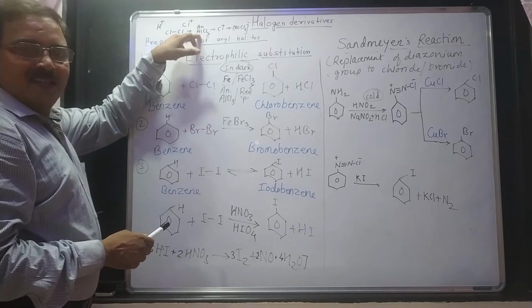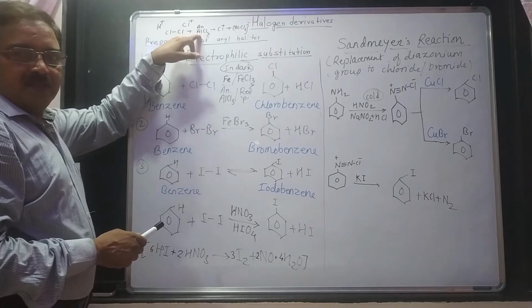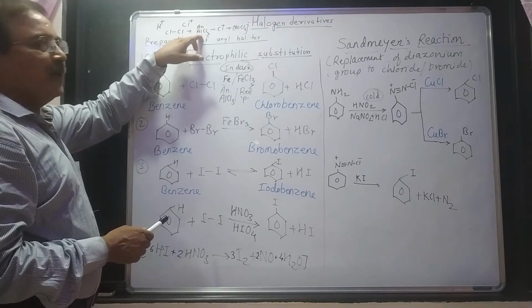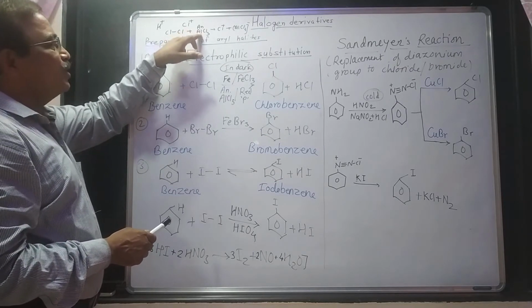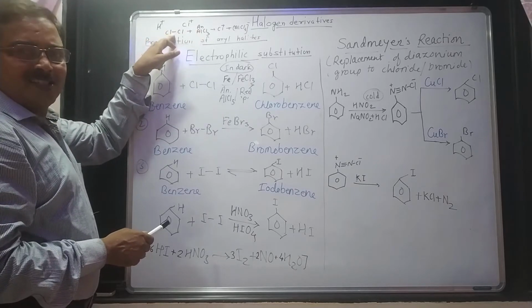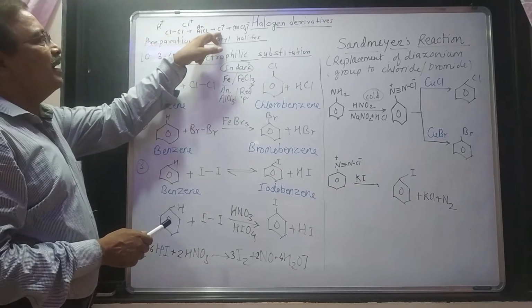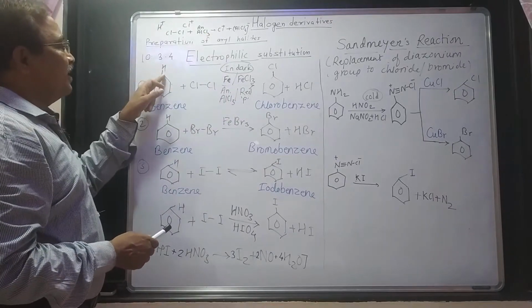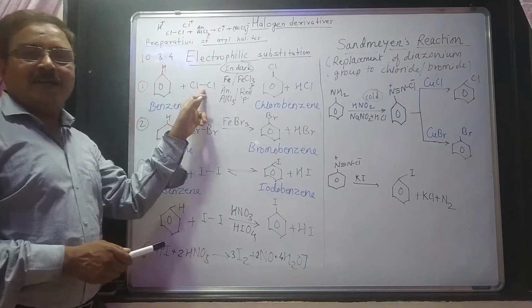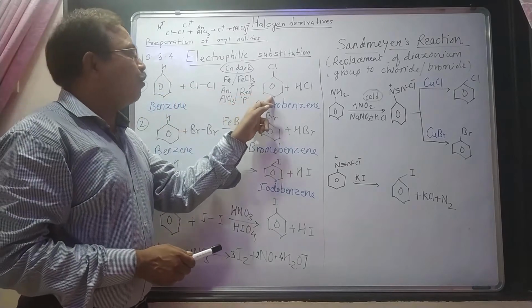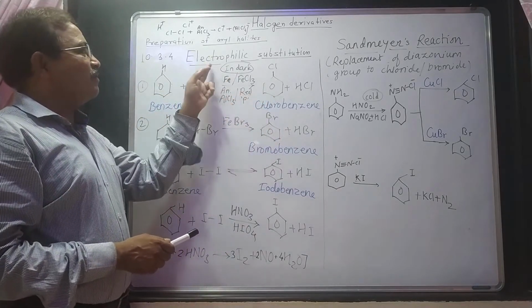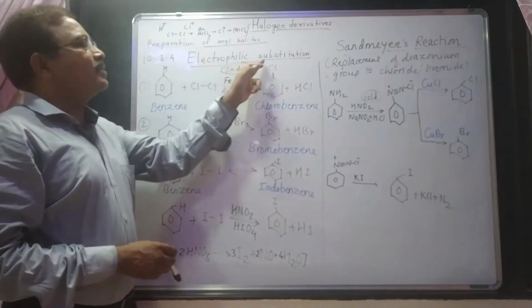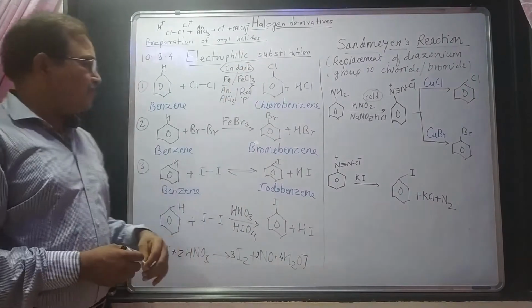AlCl3 is a Lewis acid because it has an incomplete octet. So this will try to break this bond unsymmetrically to give a Cl plus electrophile. Then H plus of benzene will be substituted by Cl plus to form chlorobenzene. Therefore, this reaction is called an electrophilic substitution reaction.